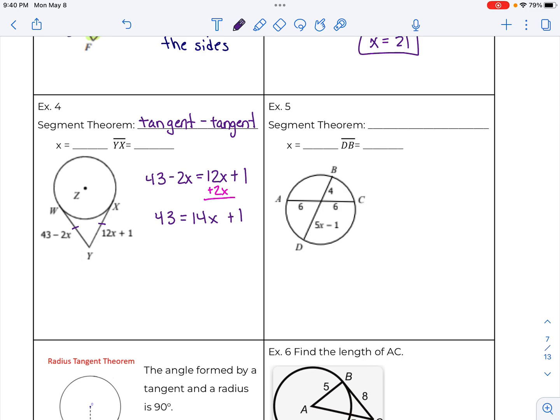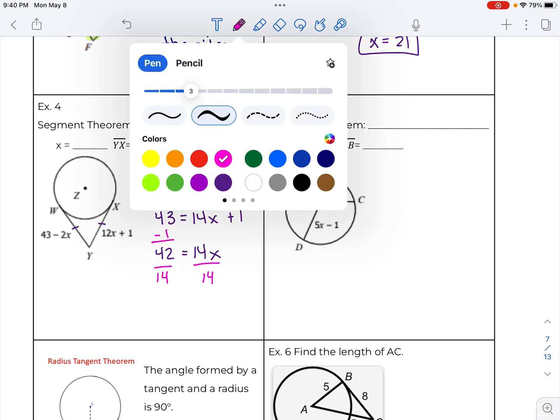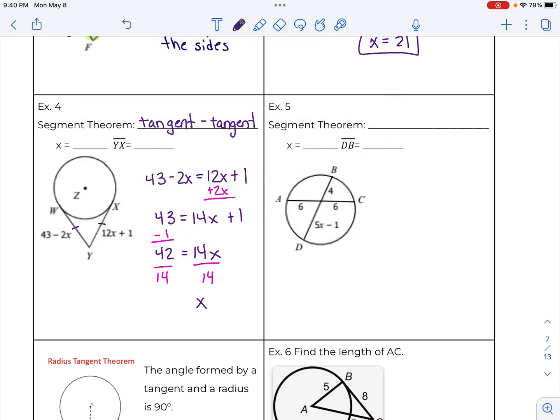Then let's take the numbers to the other side. So I will subtract the 1 over here, get 42 equals 14x. We'll divide by the 14 to get x by itself. So x equals 3. So I'll put that on the line.